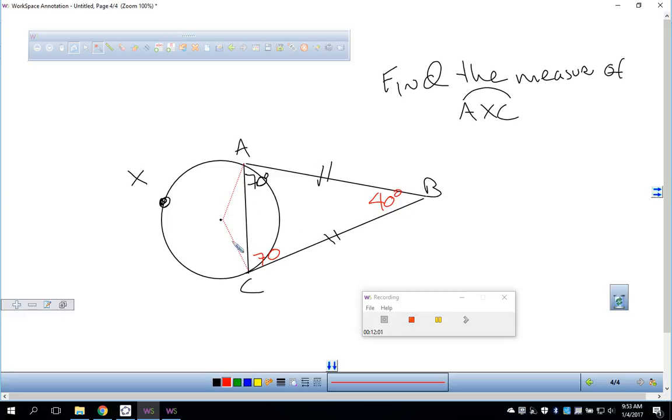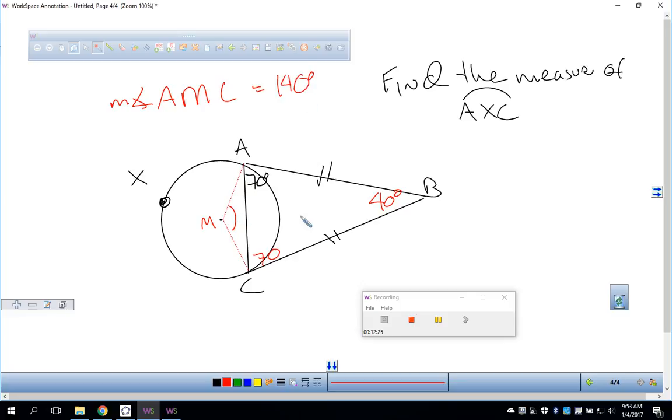Based on what we learned in the last problem, what does this central angle right here have to be? We'll call it AMC. What's the measure of angle AMC? It's got to be supplementary to that, right? So this has got to be 140, right?